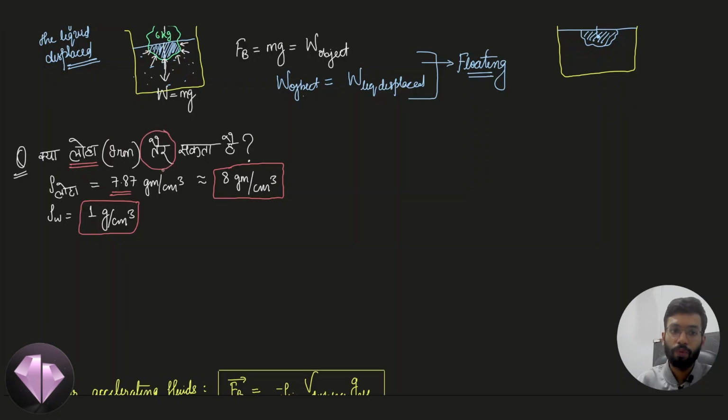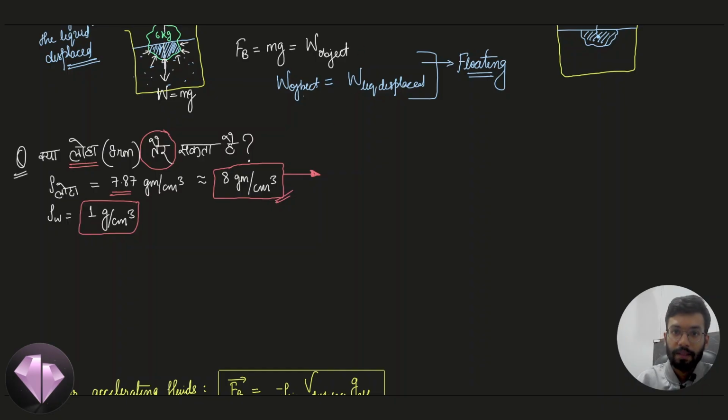So in case of floating, if you remember, तैरने वाली वस्तु अपने वेट के बराबर वेट का लिक्विड डिस्प्लेस करती है. So can we make some iron shape out of it? It will displace the same volume, same amount of liquid, which is equal to its weight itself. So let's try to make it.